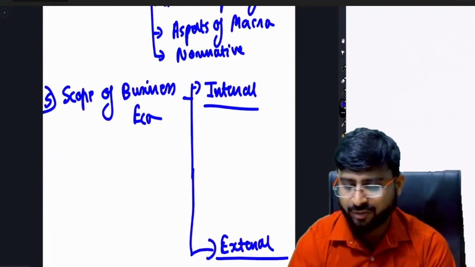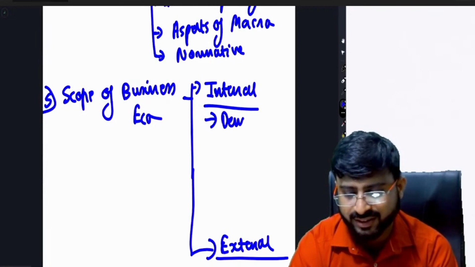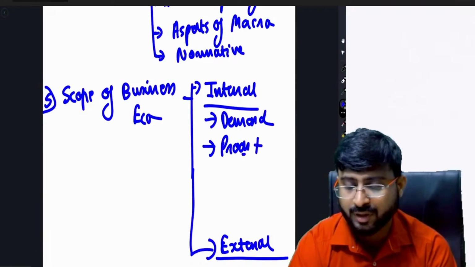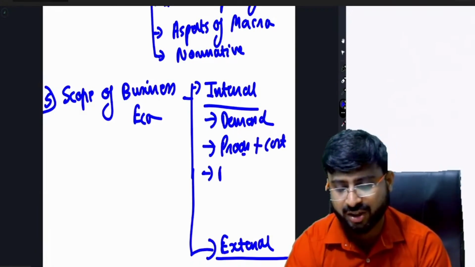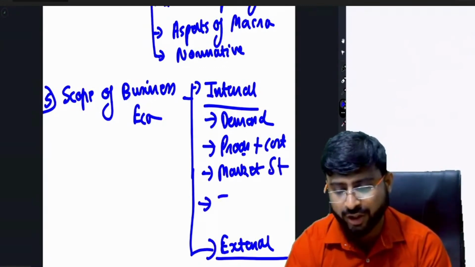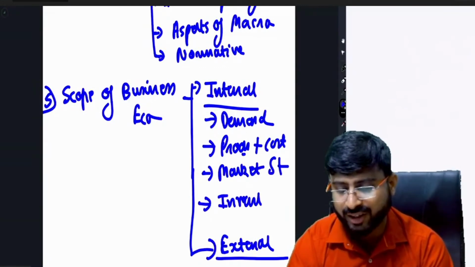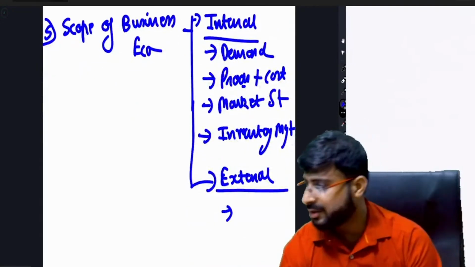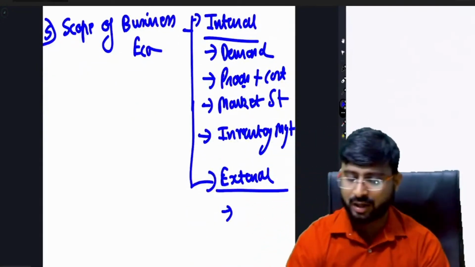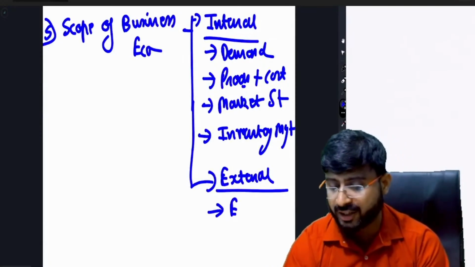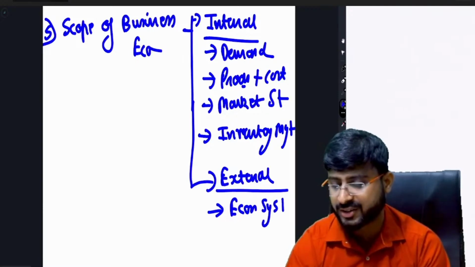In internal, we studied topics like demand analysis, analysis of production and cost, analysis of market structure, analysis of inventory management, how much inventory should be held. But when we talk about external, you talk about concepts like economic system, capitalist, socialist, or mixed that we just discussed.